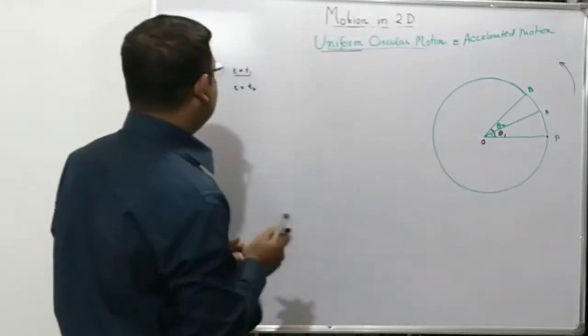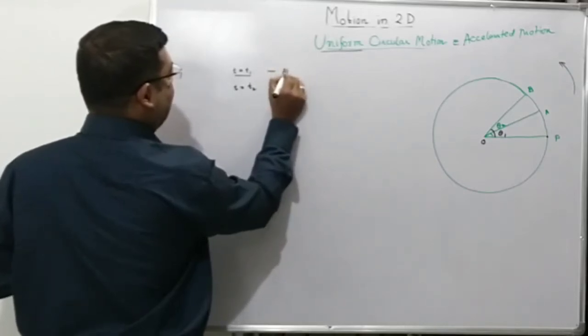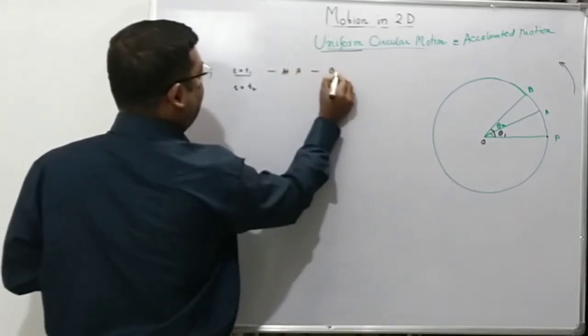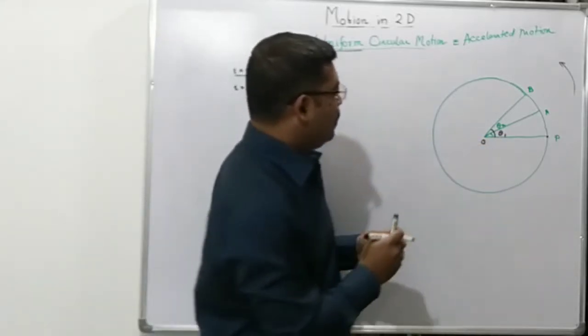Right? So at time t1, the object was at A, and it subtended an angle theta 1.